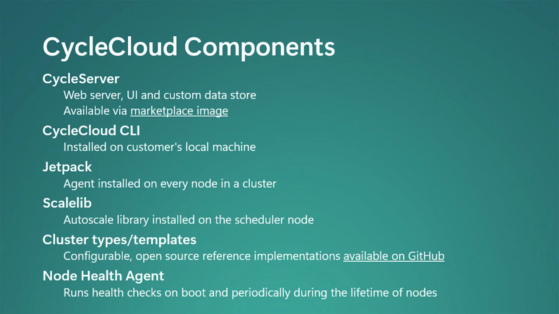And then one of the newer components that we have is the node health agent. One of the things that we've realized, especially over the recent years, with the introduction of AI, is that these VMs are becoming larger and larger and more complex.